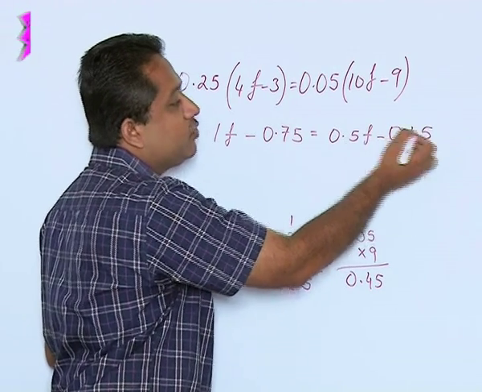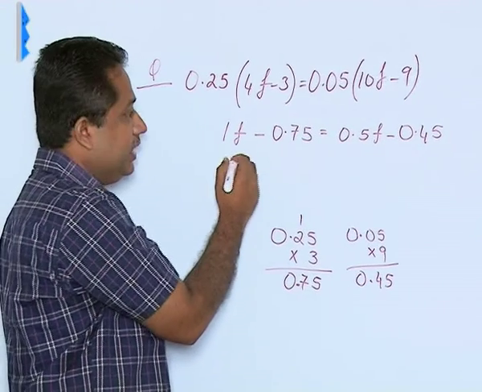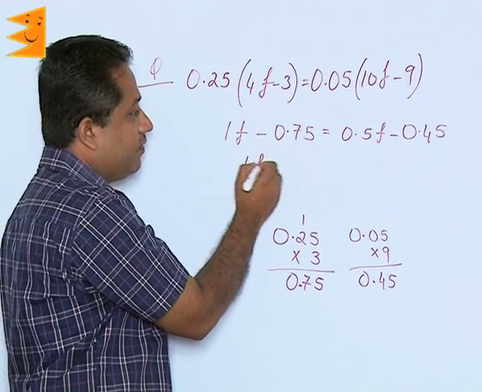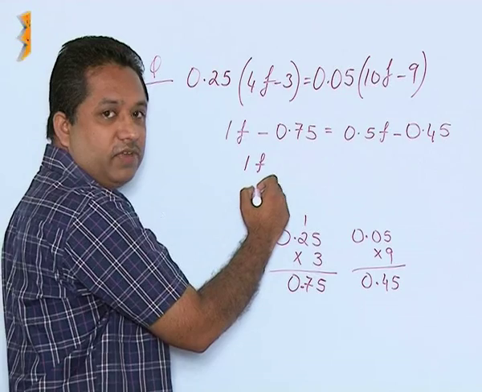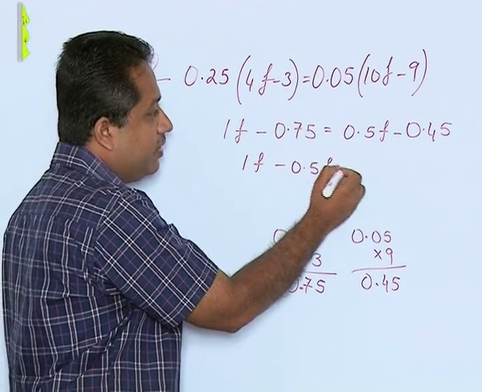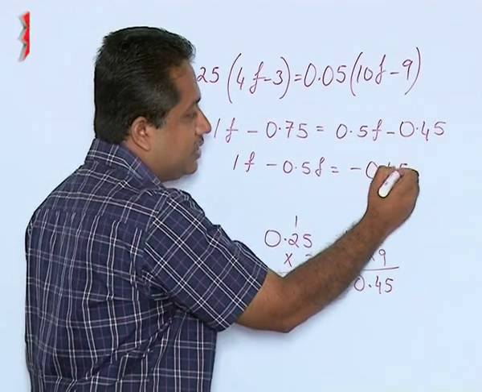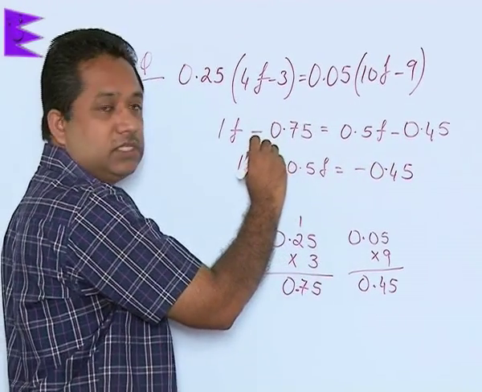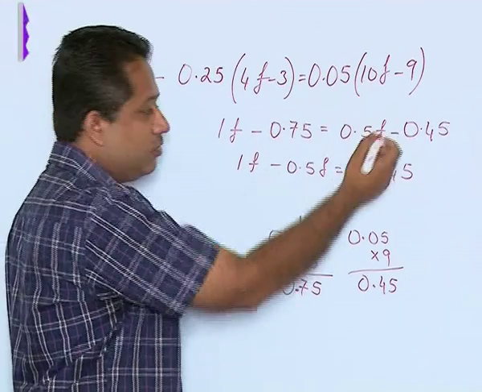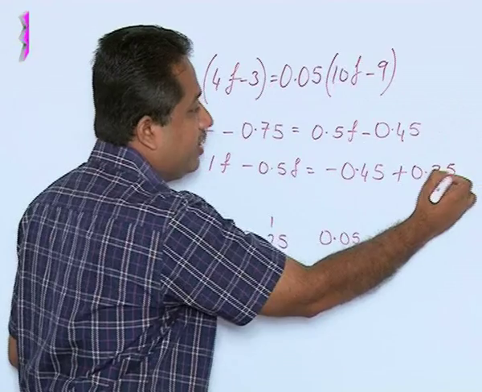Now, after getting this value as 0.45, we have to bring the like terms to one side. So, this is going to be 1f, and 0.5f is shifted to the left. So, that will become 0.5f is equal to negative 0.45 as it is. This minus 0.75 is shifted to the right, you get positive 0.75.